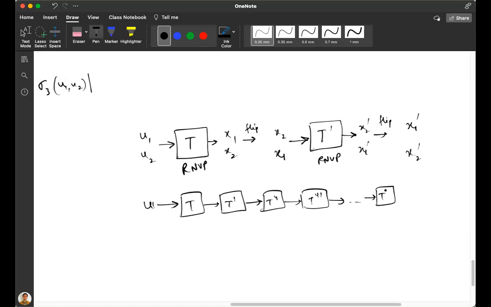And finally you apply some t n dash, and then you will get some x. So these are a series of transformations. Just like you have a deep neural network where you apply a series of layers, this is a kind of series of flows.